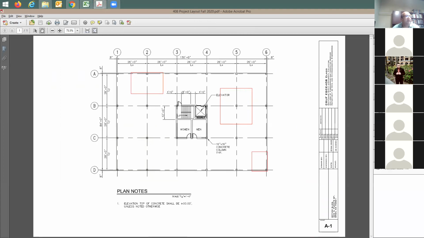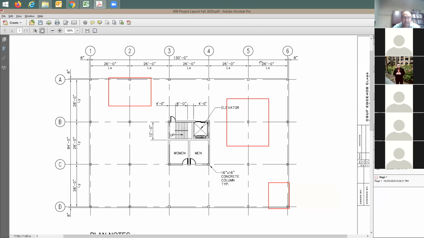This is your tributary area for this floor plan. You say A equals tributary area. This is 26 feet by 28 feet, which is 728 square feet. That's it. Now we are done with the tributary area.